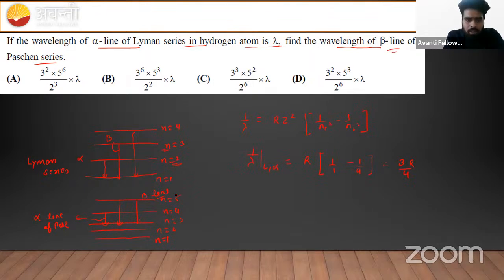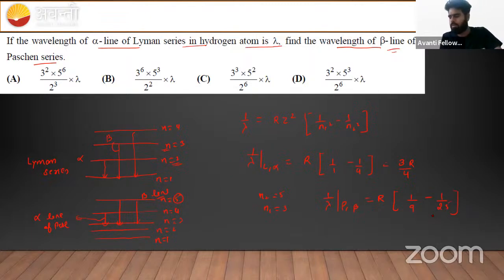So what is n2 here? n2 will equal 5. And what is n1 for the Paschen series? That is fixed, n1 equal to 3. Again we write the formula for the beta line of the Paschen series: 1 upon n1 square, that is 3 square, that is 9, minus 1 upon n2 square, that is 25.